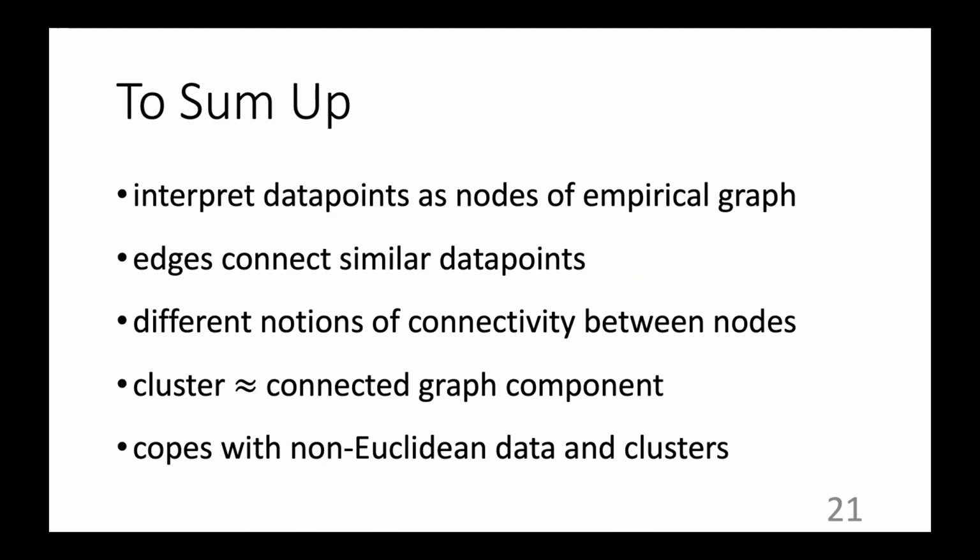Okay, to sum up this theory part, the launching point for connectivity-based clustering is to represent data points as an empirical graph. In this empirical graph, we connect similar data points by edges. And the similarity notion is highly domain specific. This can be anything that allows you to tell whether two data points are similar or not.